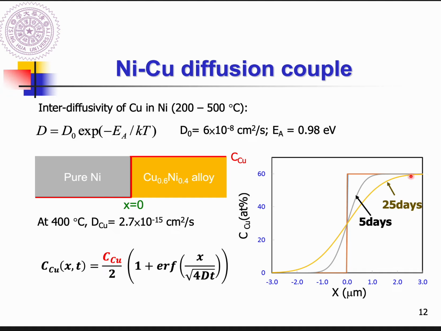And after 25 days, we get this light orange curve. Okay, so this is the example of how to get the concentration profile for the diffusion couple. Okay, so today we end here.